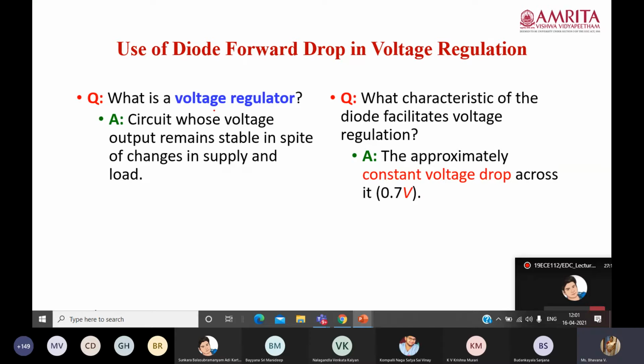I'll repeat: output voltage should be constant in spite of changes in the DC power supply voltage that feeds the regulator circuit.